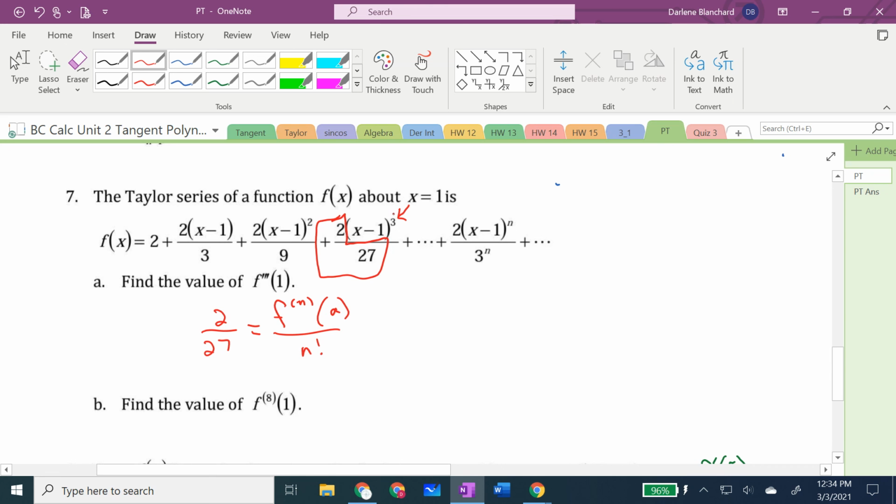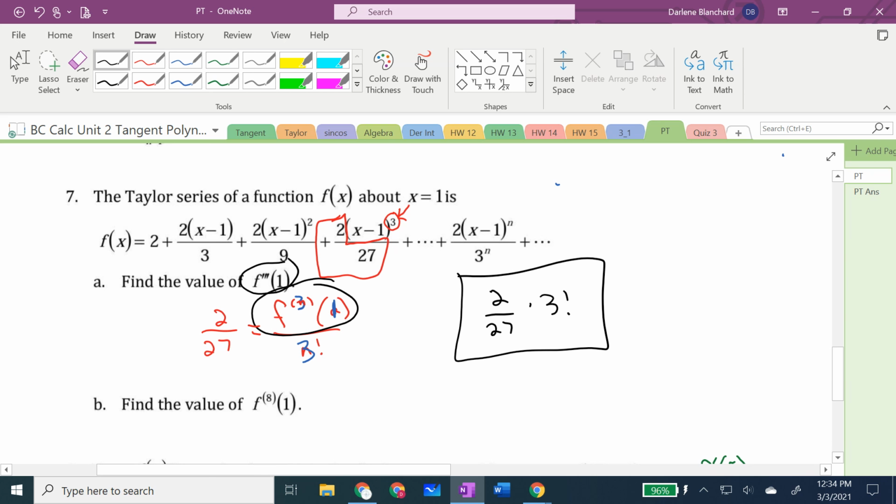I'm currently working with n equals 3 because that's a 3. And my center is 1. So that means that the third derivative at 1 is equal to the coefficient times 3 factorial. And you can choose to simplify or leave.